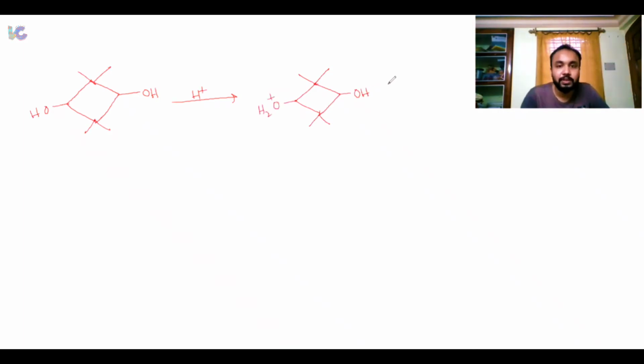Now you can see that on this side we have a lone pair push, and on this side we have a leaving group pull. The lone pair will push over here, this bond will get shifted over here, and this leaving group will leave.